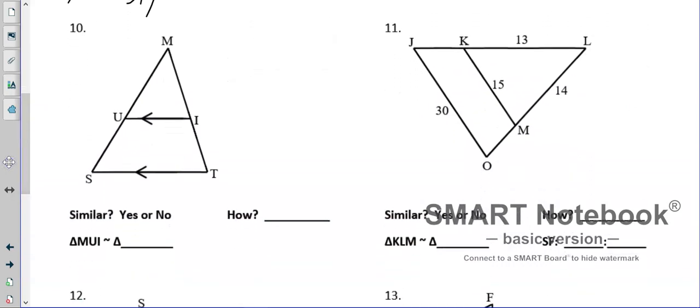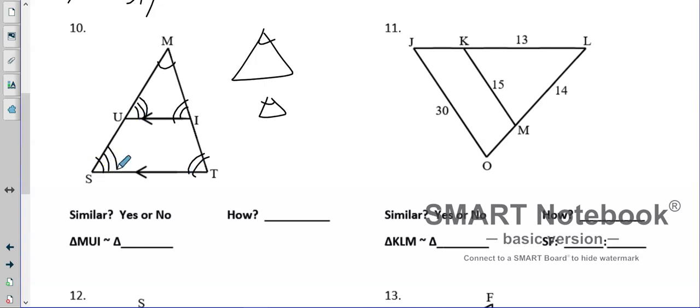All right, number 10. This was kind of a tricky one. All the information we need is there, but it's kind of hidden. So this angle is obviously congruent to itself on the big and small triangle if we separated them out. All right? So we have one angle. Since we have parallel lines, we have corresponding angles here, and we actually have corresponding angles here.